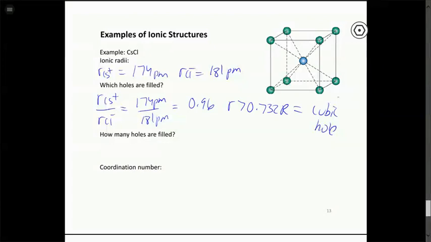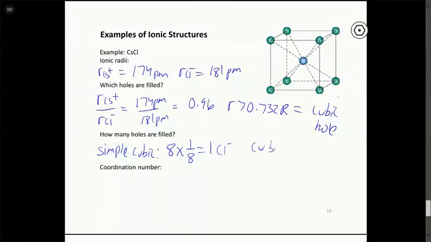How many of the holes are filled? We have a simple cubic structure. So that means we have 8 corners occupied by the anion, which is Cl minus, sorry. Each counts as 1/8, so we have 1 chloride.